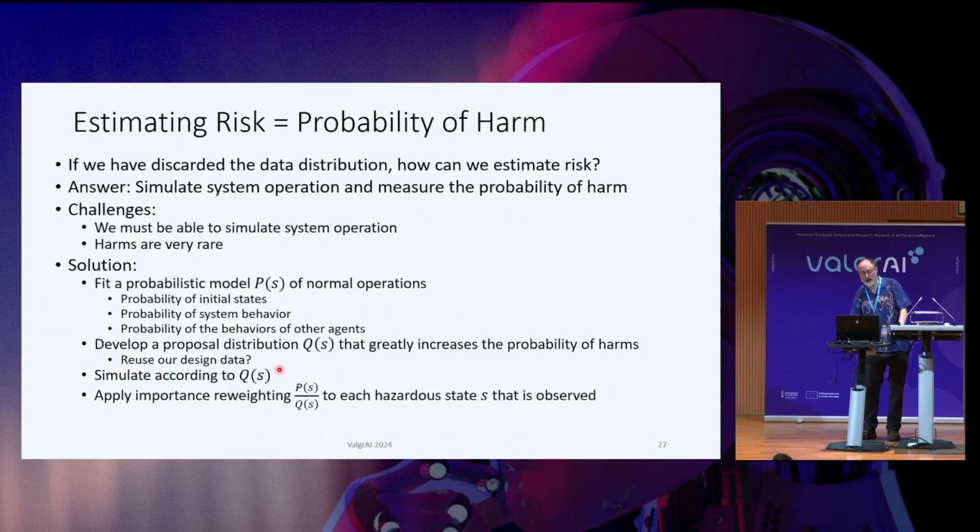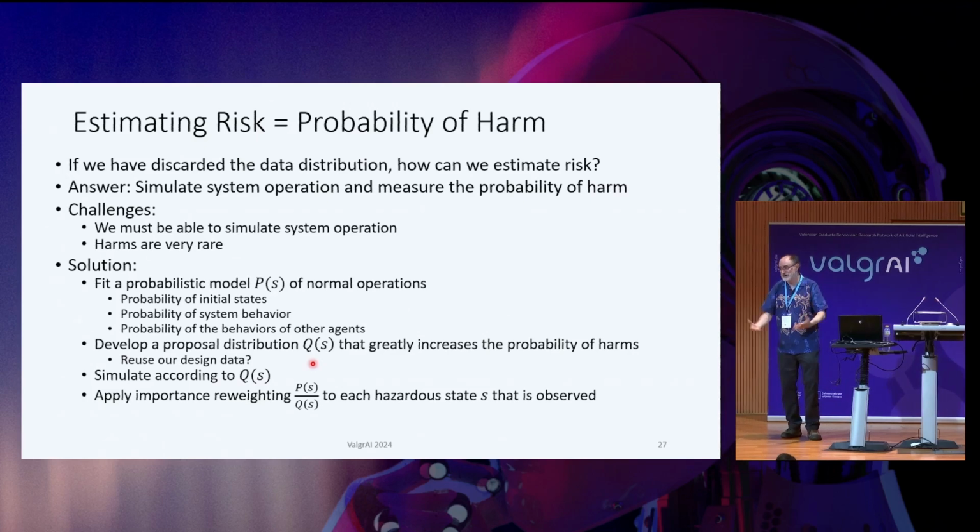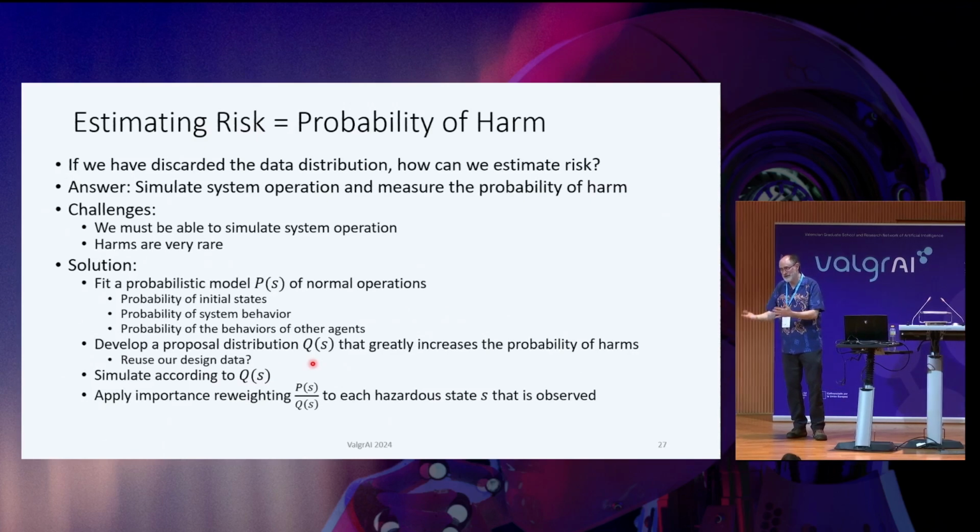But the idea is that we're actually going to sample according to this proposal distribution Q of S, which is really the distribution we have generated that is highly enriched for bad things, for collisions and other harms.